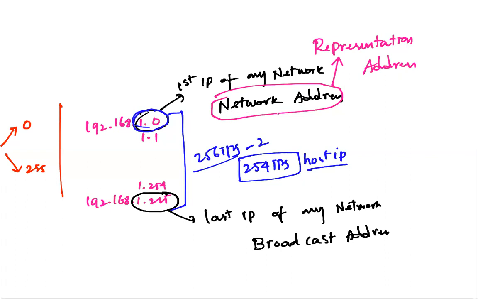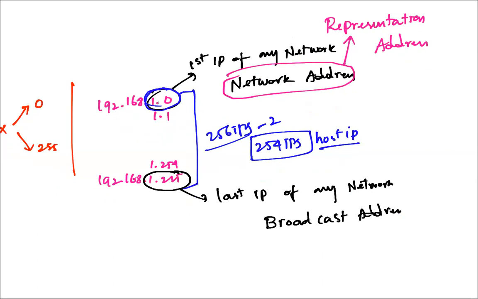Maybe if you're not understanding it clearly now, don't worry, guys, you will understand it slowly. This portion might be confusing now, but in today's class or tomorrow's class, you'll definitely be able to understand. So network address is a representation address. It represents all the IP addresses below.